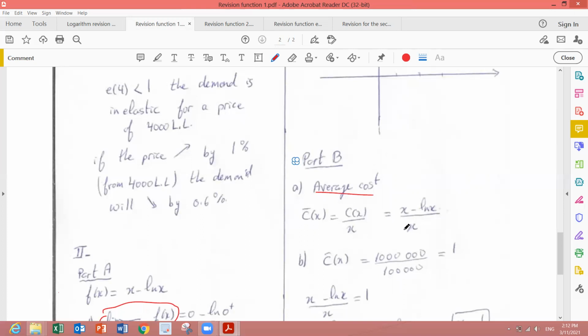The average cost is the cost of 1 unit; it equals total cost over x.